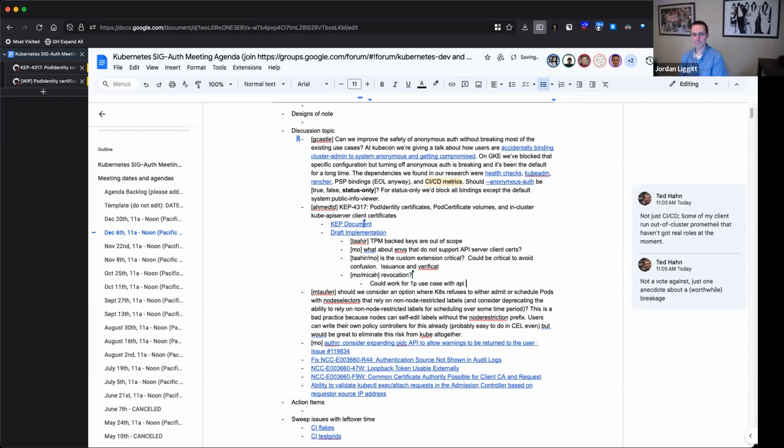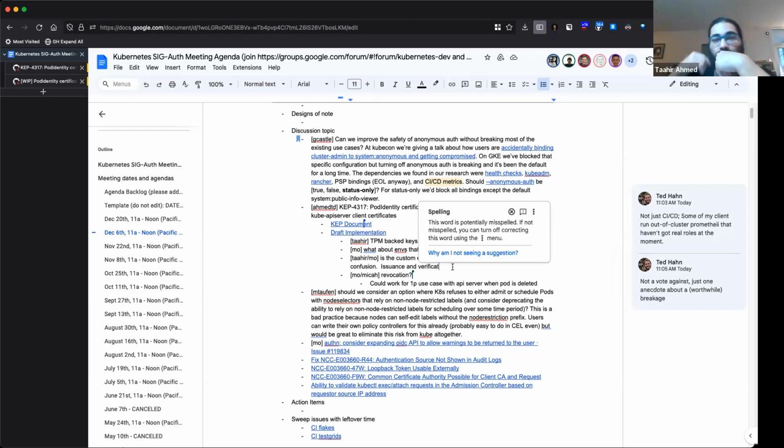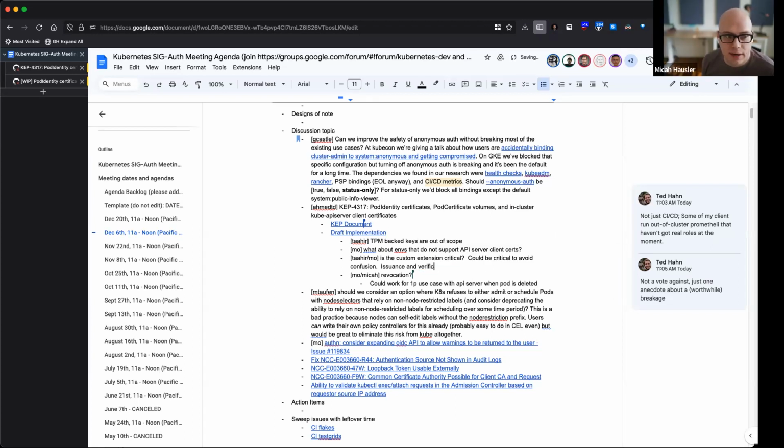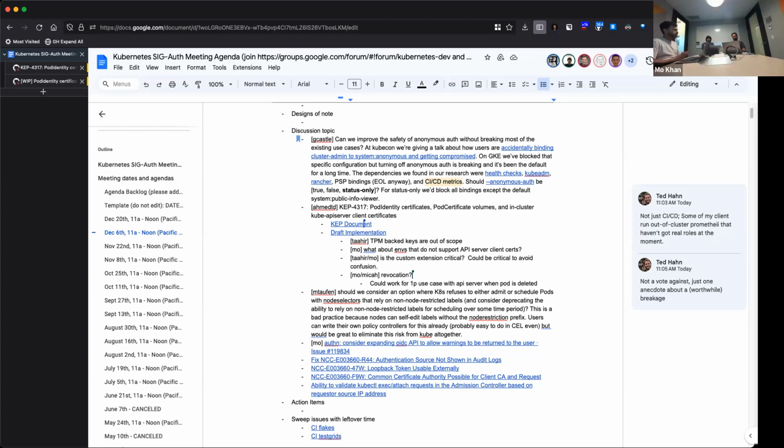On that refresh expiration point, are we going to have a minimum and maximum that we support, recommend, enforce? If I have a signer that only signs 7-day certs, is that okay? There is a CSR duration field on CSR, but it's optional because it was added later.